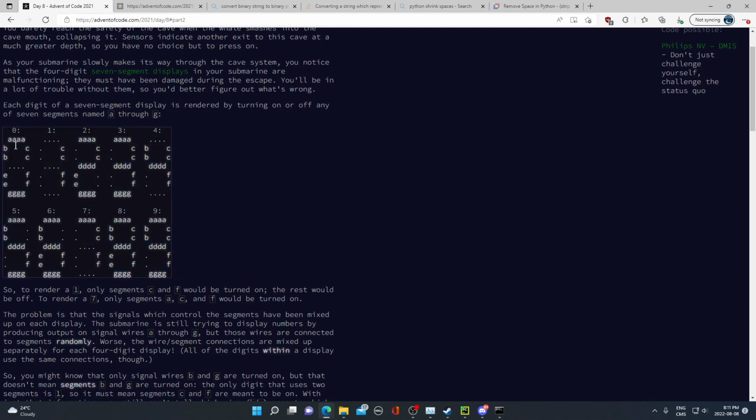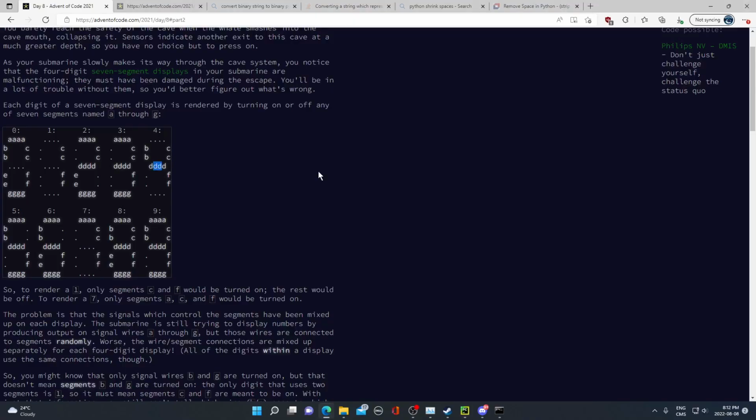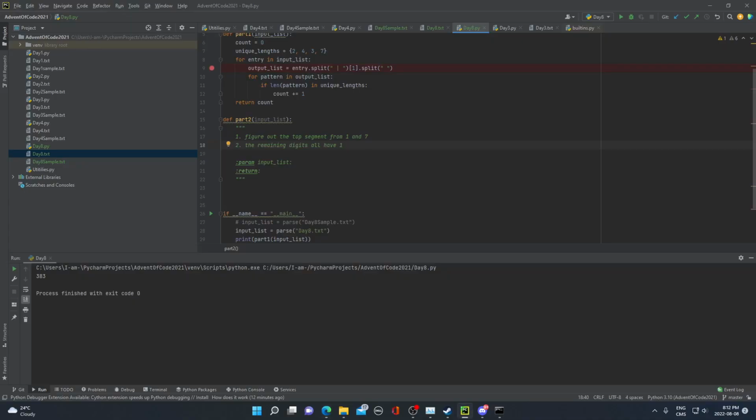Looking at the remaining digits, the remaining digits all have one segment in common, except for 0.